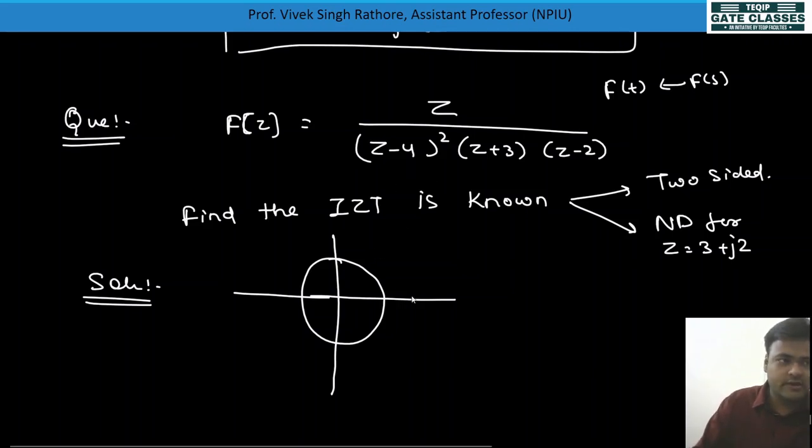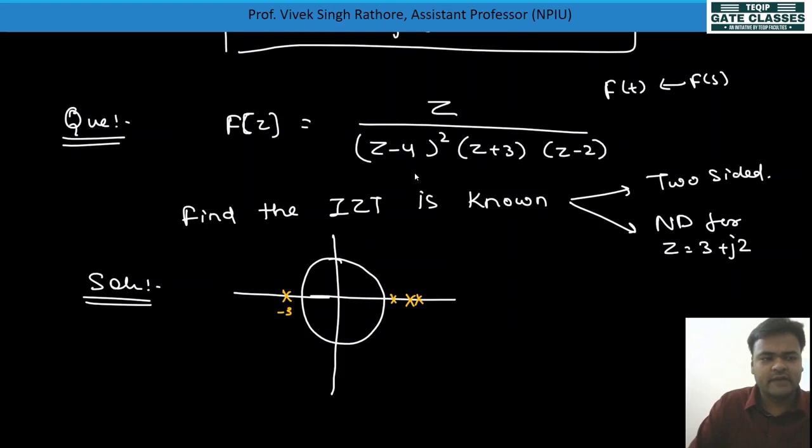Two poles are there at z is equal to 4. Then at z is equal to minus 3 also some values are there, and at z is equal to 2 also.